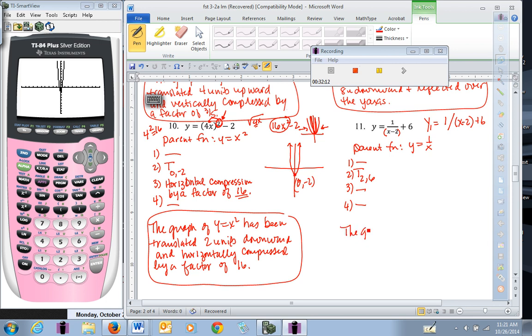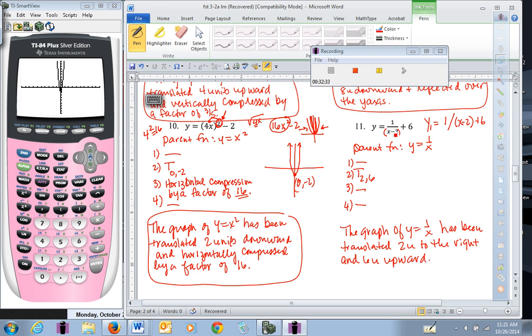So we're going to say the graph of y equals 1 over x has been translated 2 units to the right and 6 units upward. Why 2 units to the right?